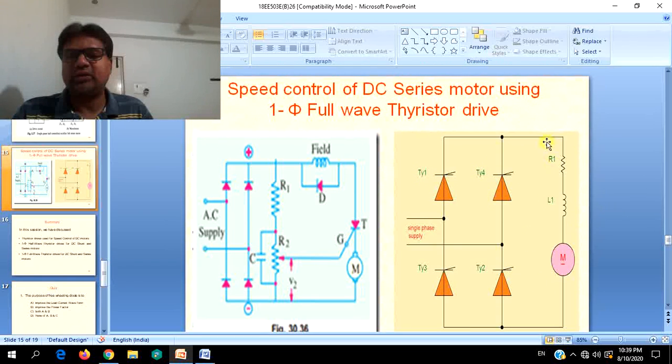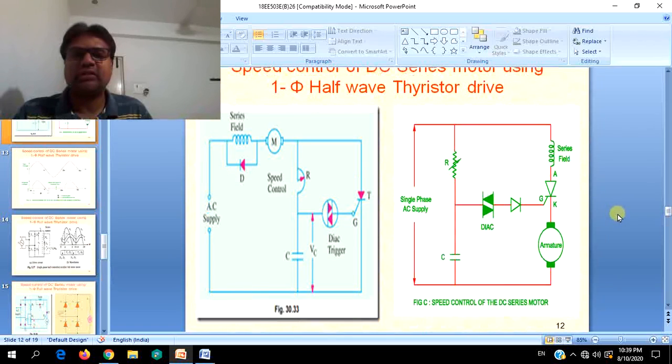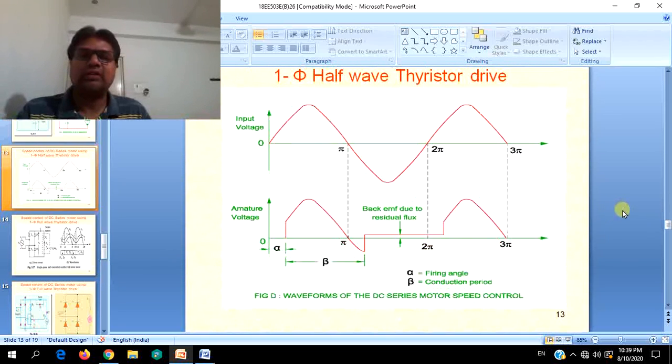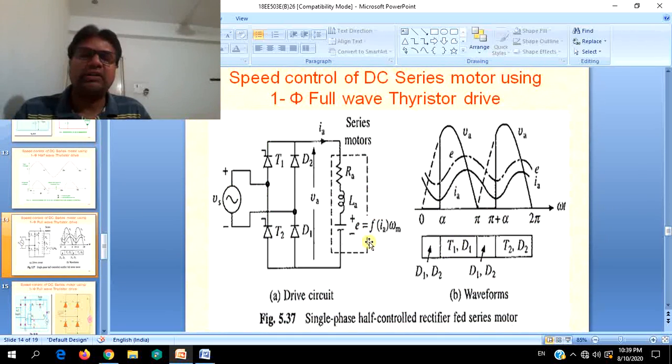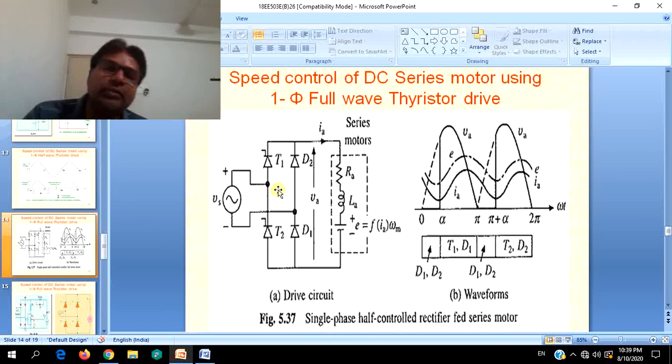Supply voltage control is used in this case, and this is another single phase half controlled or semi controlled but full wave thyristor drive. Semi controlled or half controlled means it comprises a combination of SCRs and diodes.